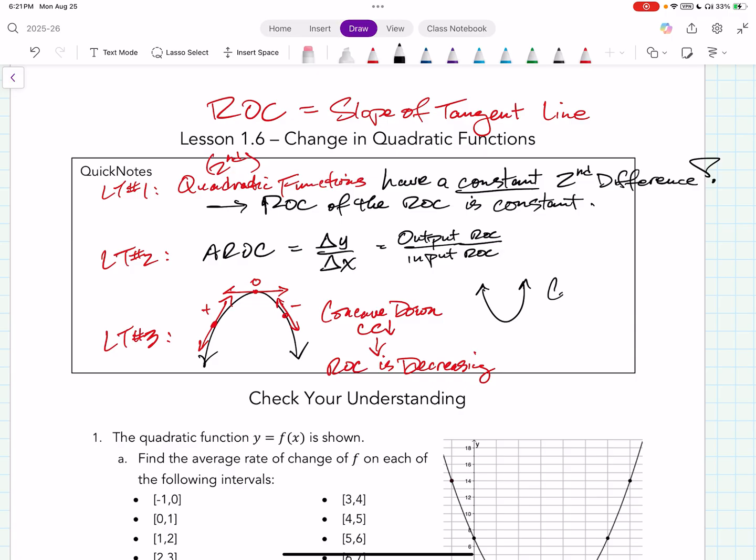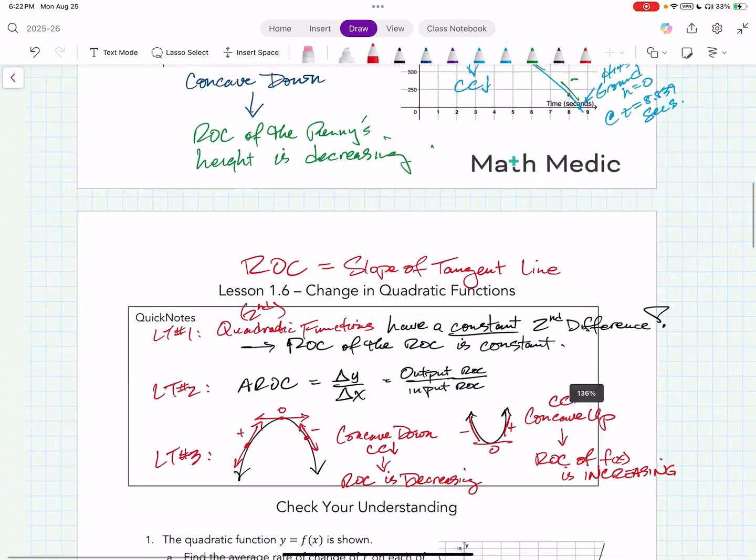If you have a graph that opens up, concave up, abbreviated CC with an up arrow, your slopes go from a negative slope to 0 at the bottom to a positive slope. That would tell you that the rate of change of the function f of x is increasing over this interval.